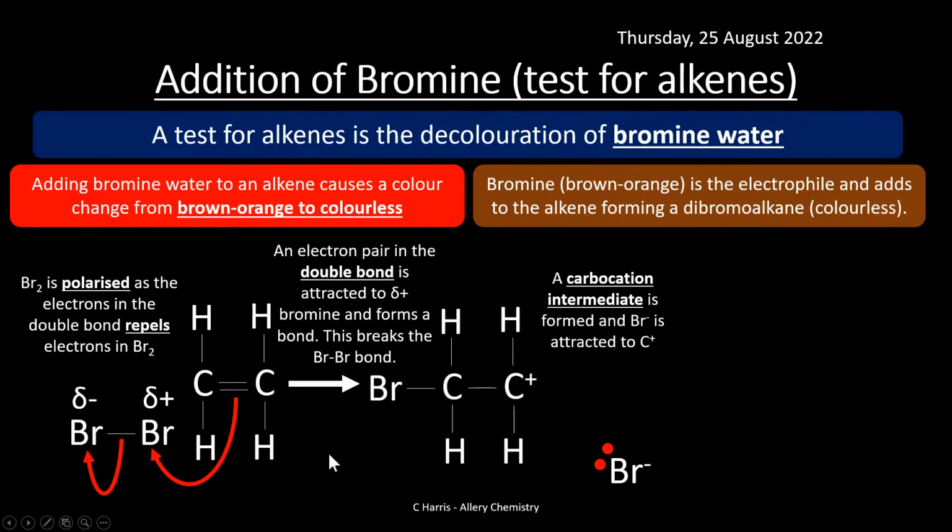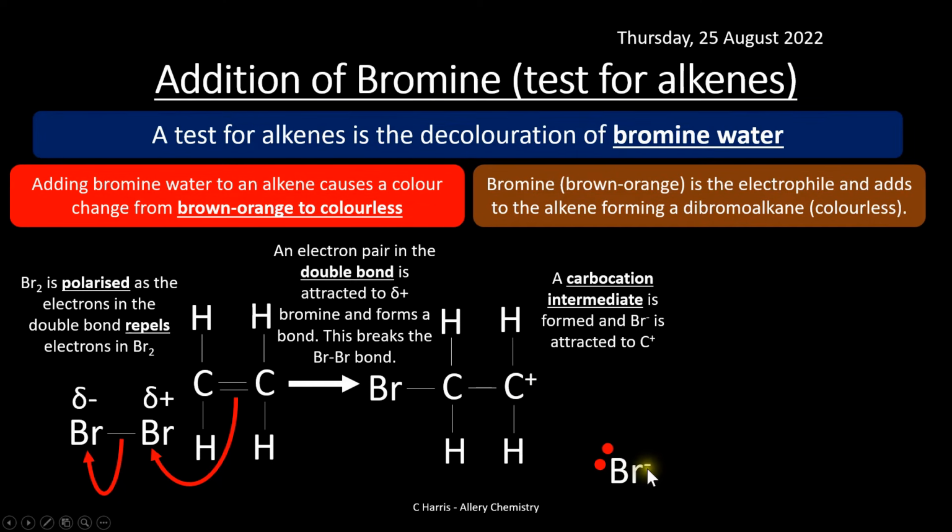So what we form is this carbocation intermediate. The bromine that was here is now on the molecule here, but we're left in a position where this carbon doesn't have enough bonds because it's broken that double bond, so we have this positive charge attached to this carbon. Thankfully, we've got this Br minus that was unceremoniously booted out of this relationship, and now it's floating around on its own with a lone pair of electrons and a minus charge.